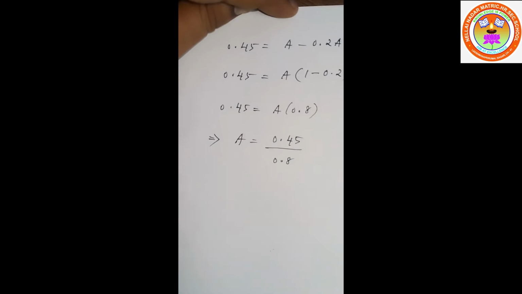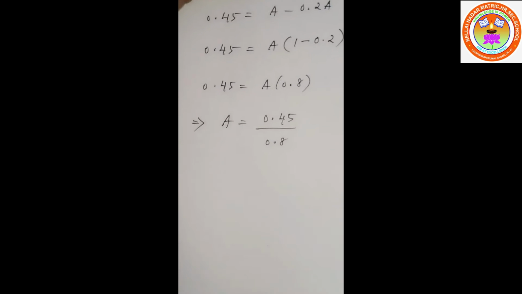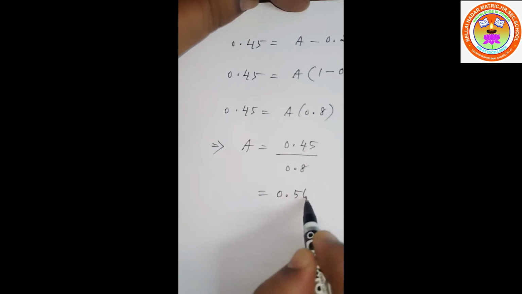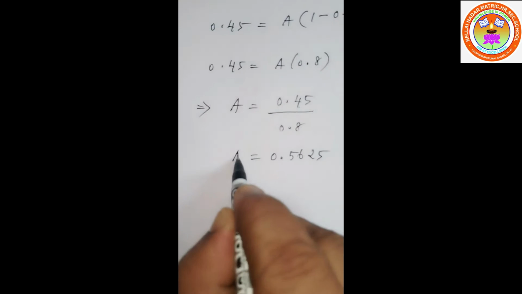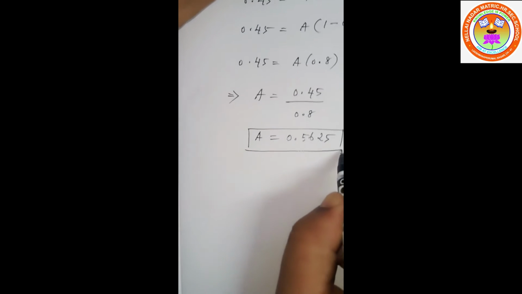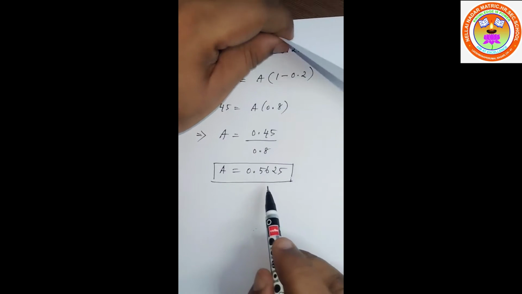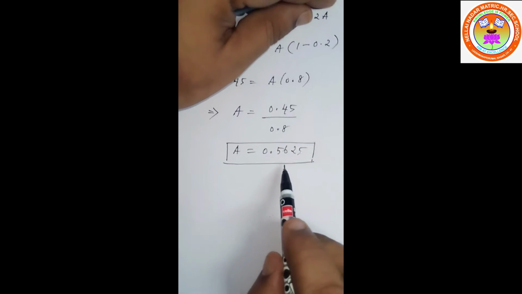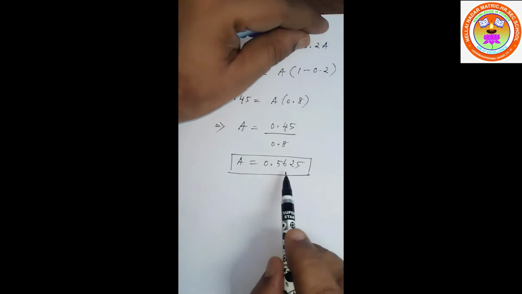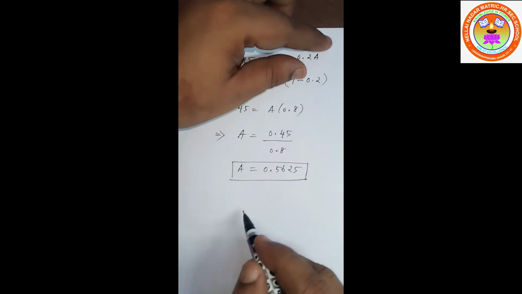Divide using the calculator. 0.45 divided by 0.8 is equal to 0.5625. I got the value of A. If you multiply this decimal value by 100, you can get the answer in percentage. 0.5625 into 100 is equal to 56.25%, right?